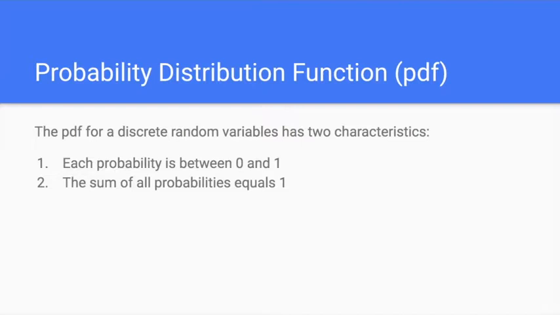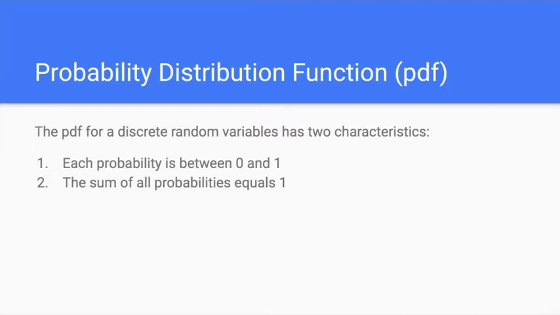A couple of important features of PDF tables is that every probability in the table needs to be between 0 and 1. We discussed in Chapter 3 that a probability of 0 is something that never happens, and a probability of 1 is something that always happens. So you can't have a probability higher than 1, and you can't have a probability lower than 0.